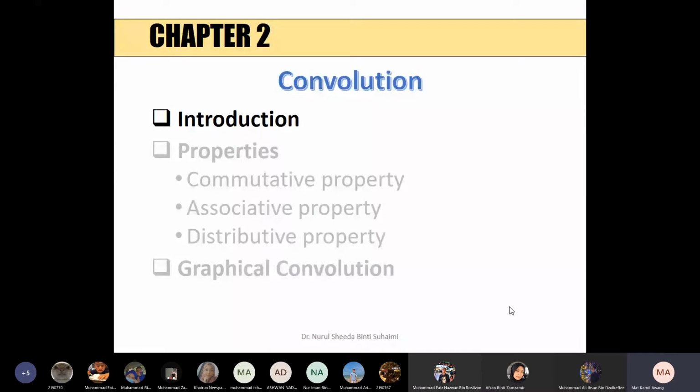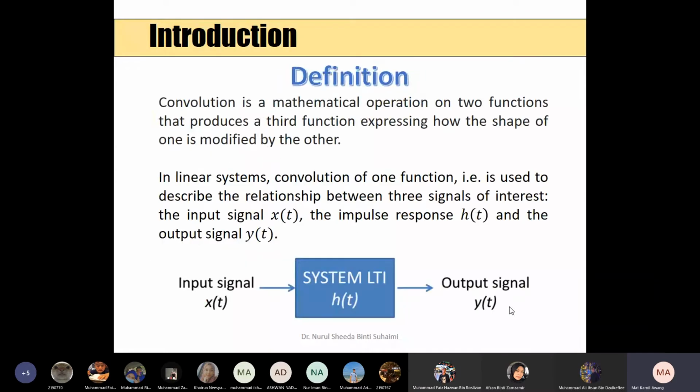So this is the introduction of convolution. Convolution is actually a mathematical operation on two functions. So basically you have function x and you have a function h, right?